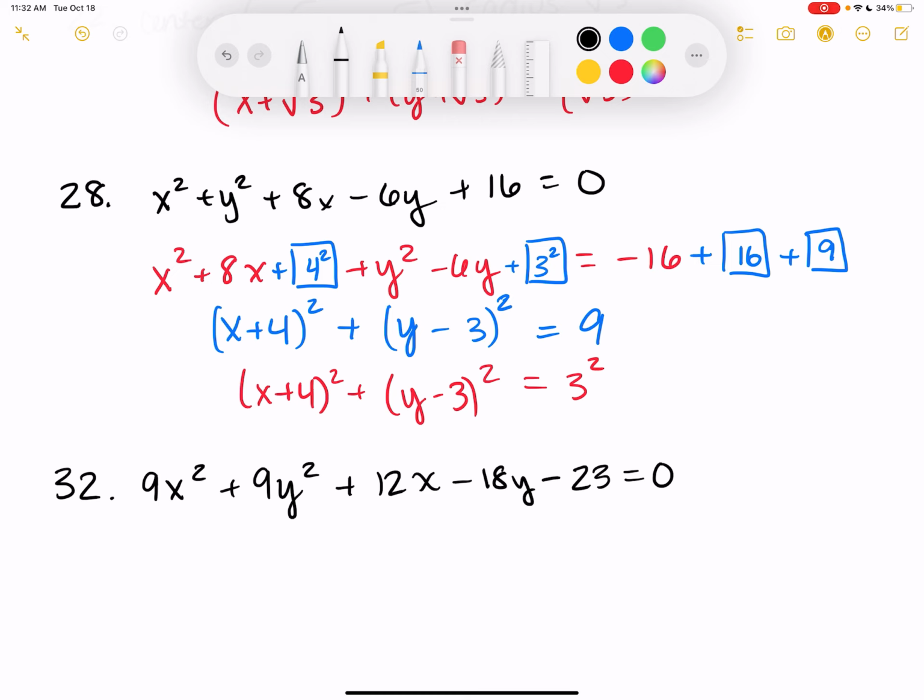You just need to keep in mind something about completing the square. What has to be in front of your squared term? 1.